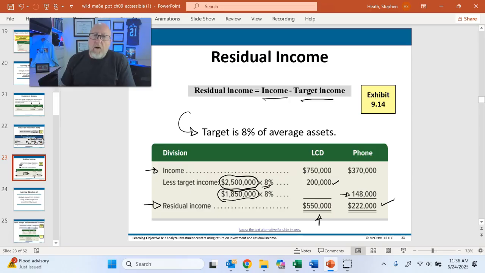All else equal, I'm thinking that the residual income for the LCD business is pretty substantial. But listen, we're outperforming in both situations. And so I think both the LCD and the phone are doing quite well relative to what we expected. One just happens to be doing a little bit better than the other.